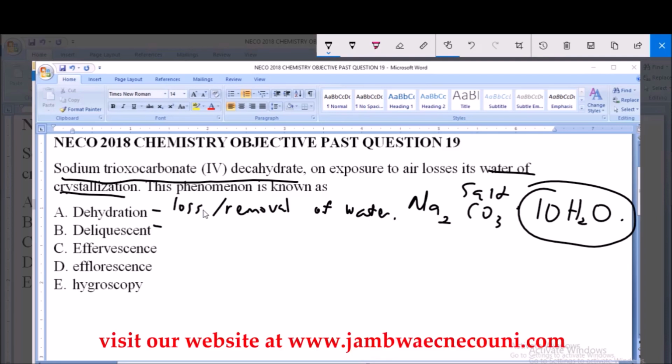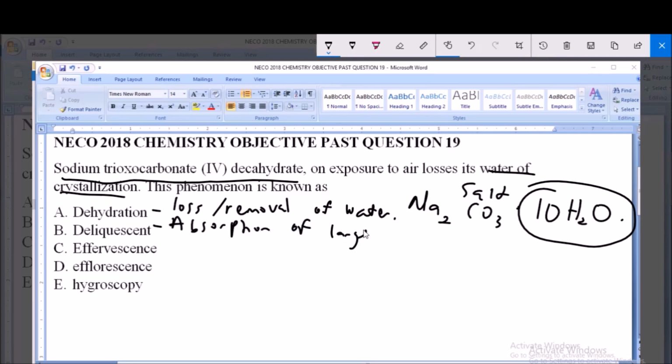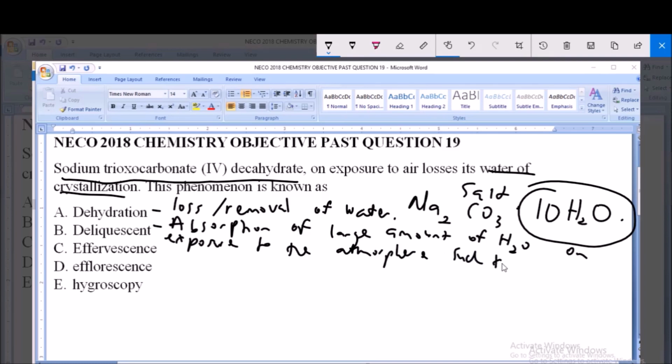Option B, deliquescence, refers to the absorption of large amounts of water on exposure to the atmosphere, such that whatever substance or salt is exposed turns into solution.